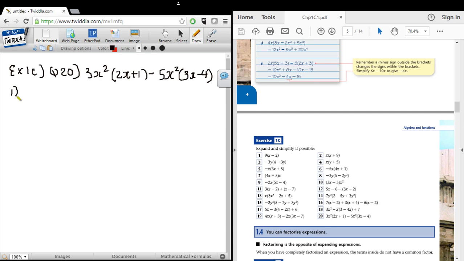Now let's do step 1. The first thing we want to do is multiply out what we have here by what's in the brackets, and also the same thing for the latter terms. Just simple multiplication here, nothing tricky. So we have 3x squared multiplied by 2x, and then 3x squared multiplied by 1, and equivalently minus 5x squared multiplied by 3x, and minus 5x squared multiplied by minus 4.